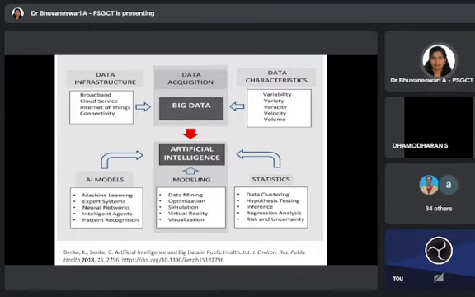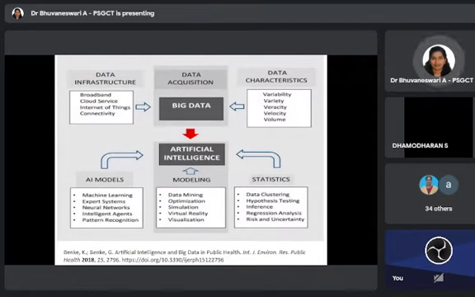So once you get the data ready, then the models are applied, and once the model is applied along with the data, then modeling processes like data mining, optimization, simulation, virtual reality, visualization, all these techniques are used for generating the desired output and visualizing the output.